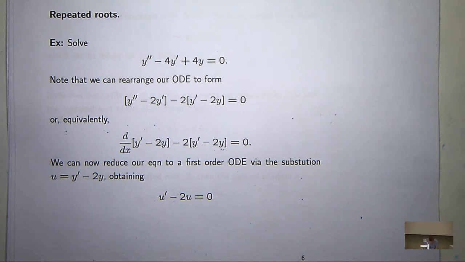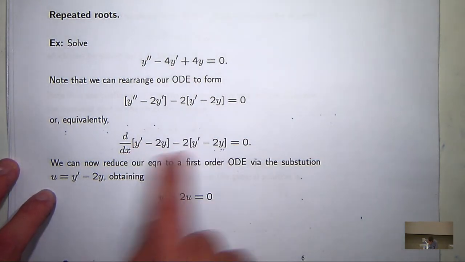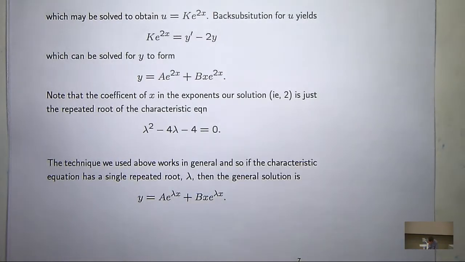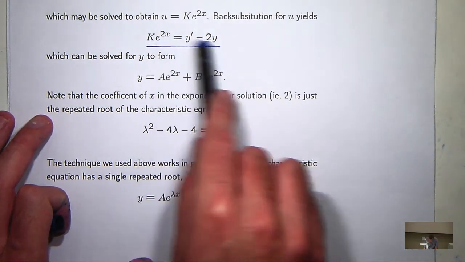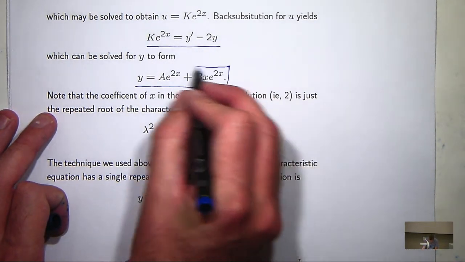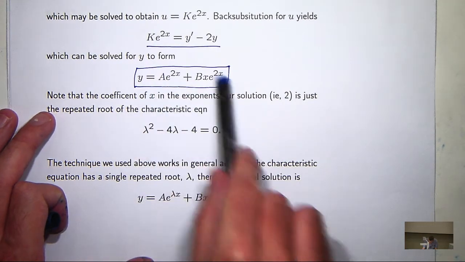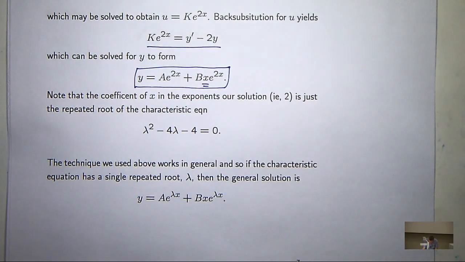What happens then is you get down to solving some sort of linear equation, and this solution pops out. Notice it's a little bit different to the previous example. You've got a coefficient of x there. You didn't have that in the previous example.